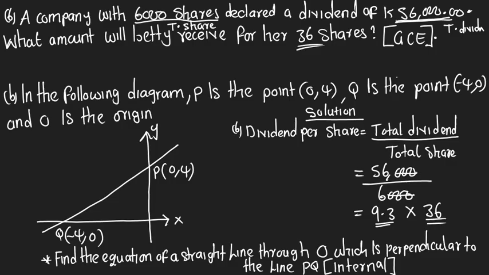And when you multiply, you are going to get the amount of money that Betty is supposed to receive. What are you getting for that value? Please don't get used to the calculator. 334.8.